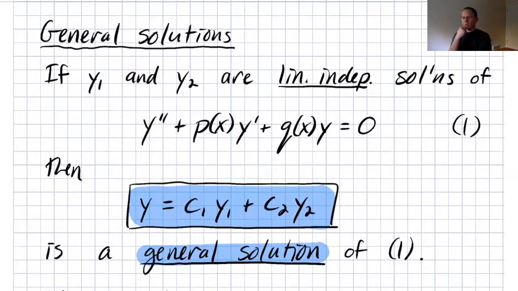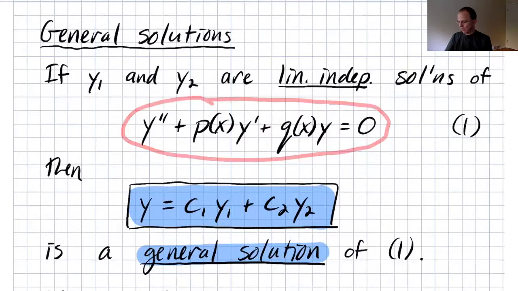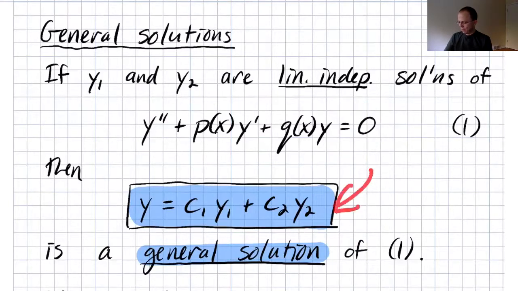So here is the reason why we're so interested in having 2 linearly independent solutions. It's because if we have a differential equation of this form here, then this guy right there is a general solution of the differential equation.